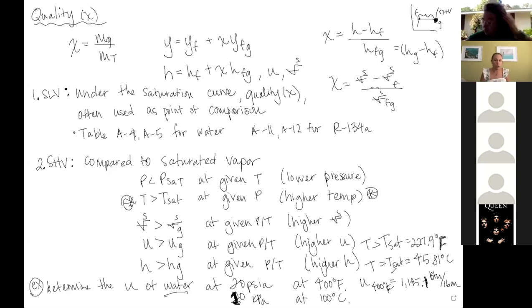So we go from table A5 to A6, and we have our pressure across the top. 10 kilopascal is 0.01 megapascal. We know we're at 100 degrees Celsius. So our internal energy here at 100 degrees Celsius is equal to 2,515.5 kilojoules per kilogram.